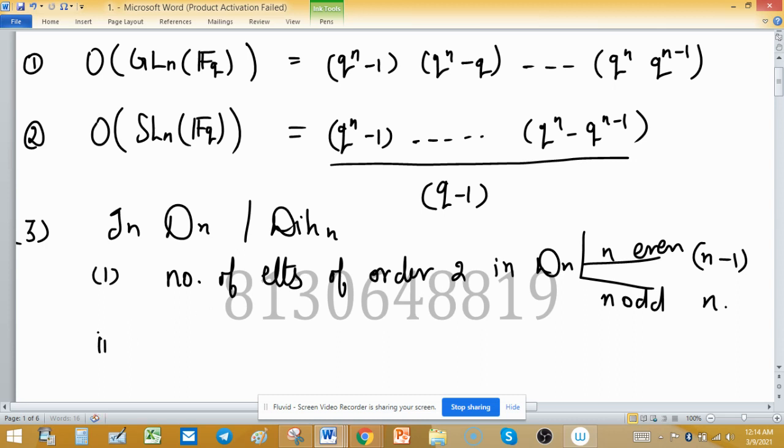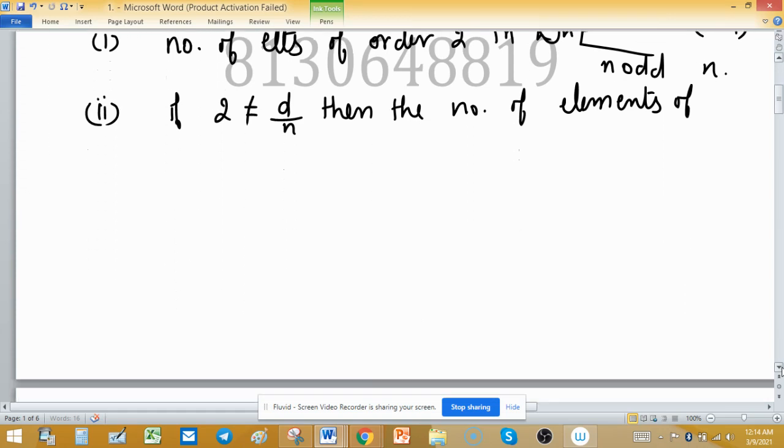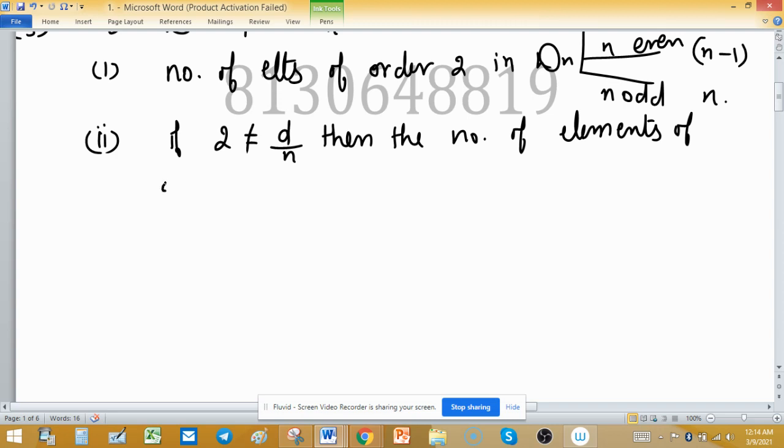Second, for D_n, if d divides n and d is not equal to 2, then the number of elements of order d in D_n is phi(d).